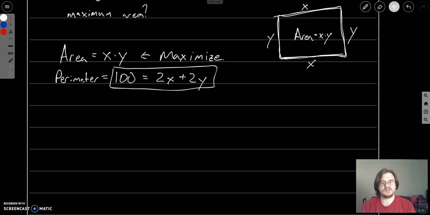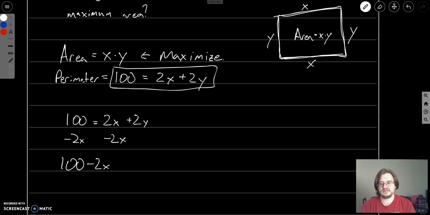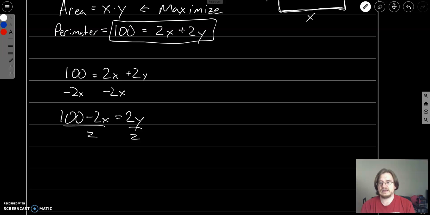So let's do this. I'm going to try to solve for y exactly. So let me write down this equation. We'll subtract 2x from both sides to get 100 minus 2x is equal to 2y. And I'll divide both sides by 2 to get that y will be equal to 50 minus x.